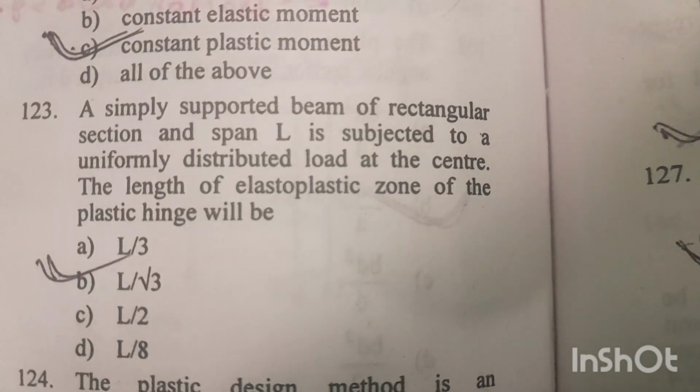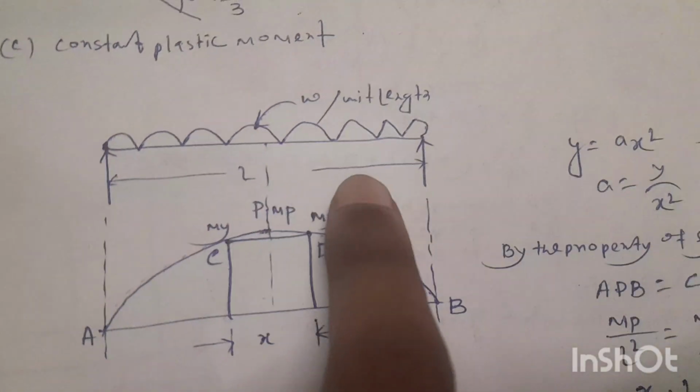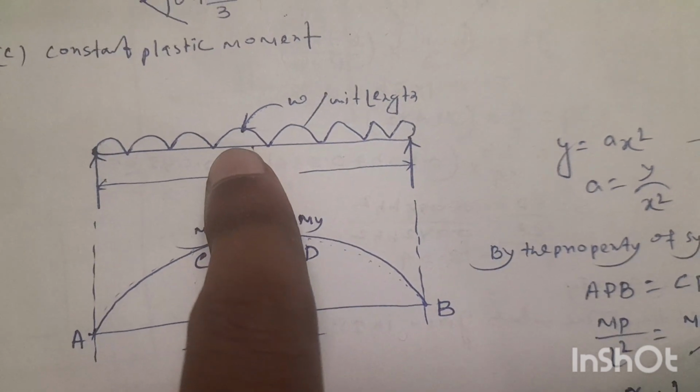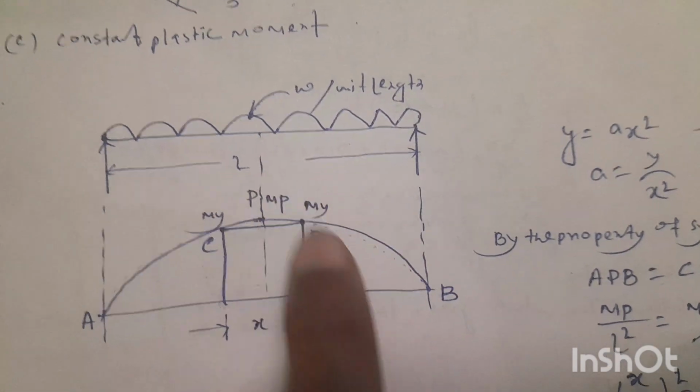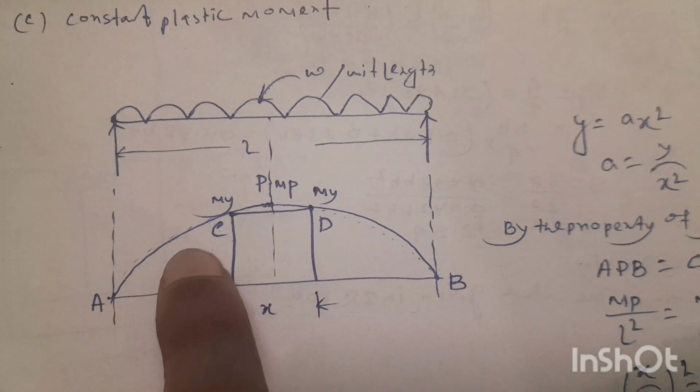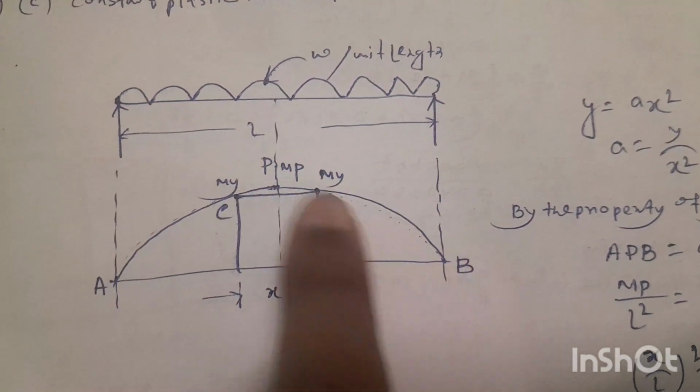Okay, so let's find out what is the length. Suppose this is the rectangular beam subjected to uniformly distributed load W per unit length of total length L. So we know the bending moment diagram will be parabolic.